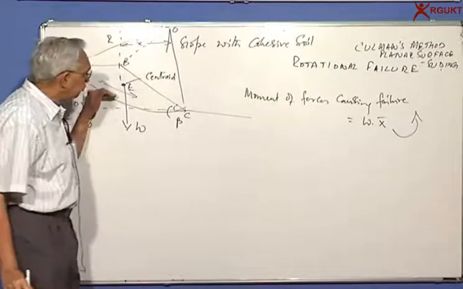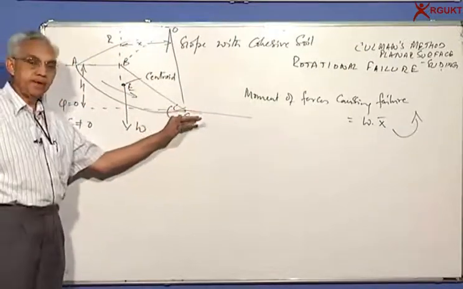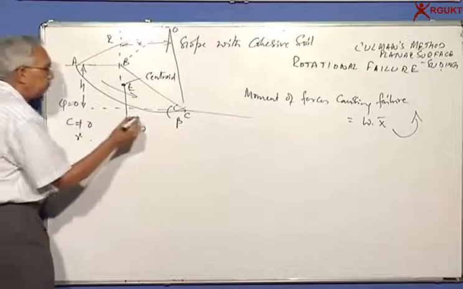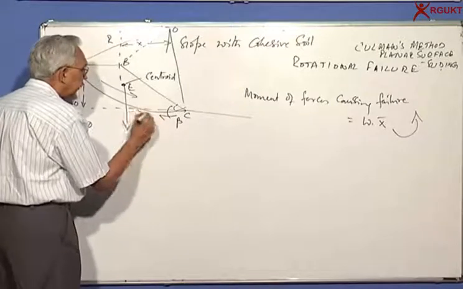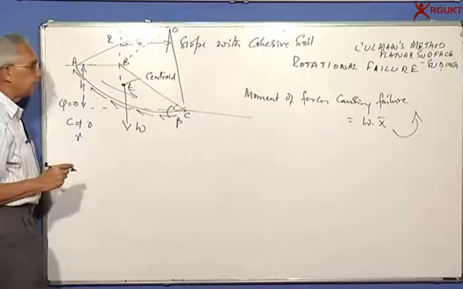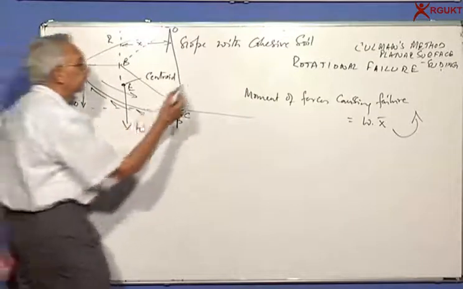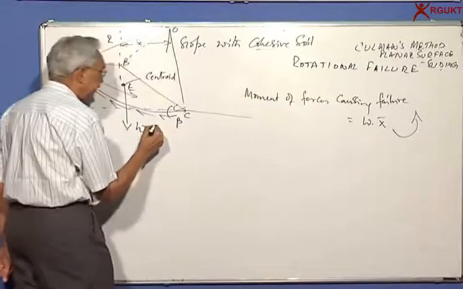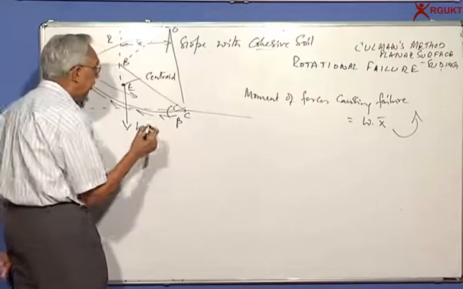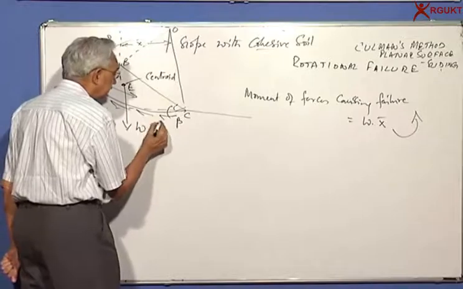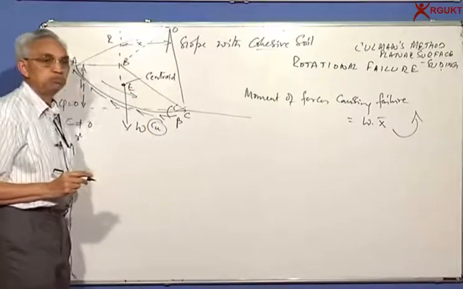When this mass is trying to rotate to the right, you will see that the soil below is trying to mobilize resistance. Suppose this is a purely cohesive soil in an undrained state, because the failure may be very sudden, the resistance is given by the undrained strength Cu.